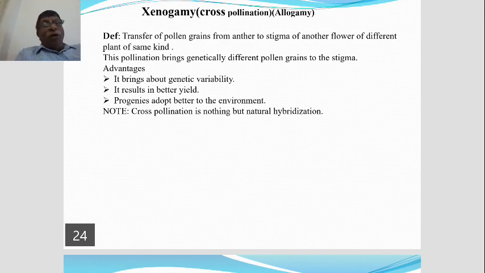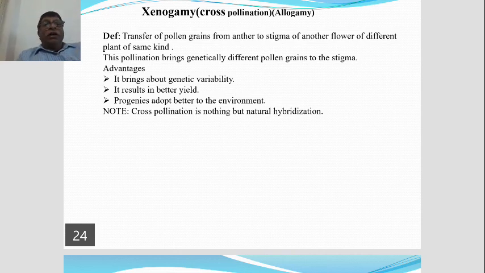Vinca rosea of one plant must transfer to the Vinca rosea of another plant. This is what we call allogamy. Don't mistake Vinca rosea pollen on hibiscus flower. It's not like that.